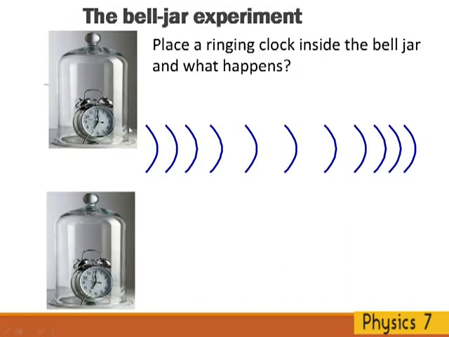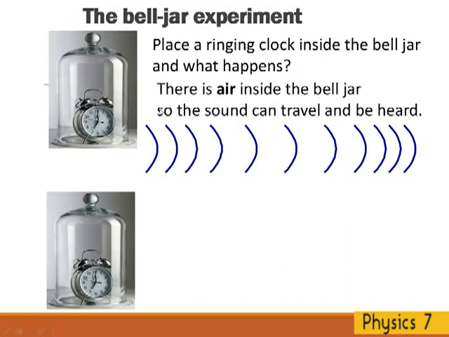Well, because there's air inside of the bell jar, you will hear a sound. The sound will travel through the air inside of the bell jar, and you will be able to hear the sound of the bell ringing inside that bell jar.